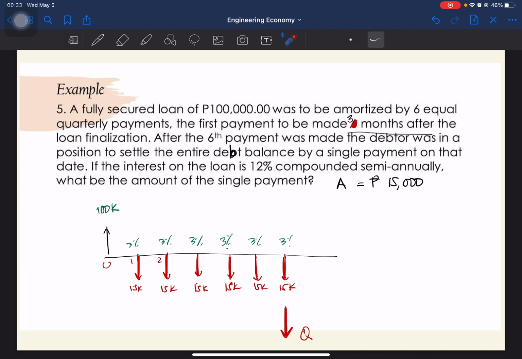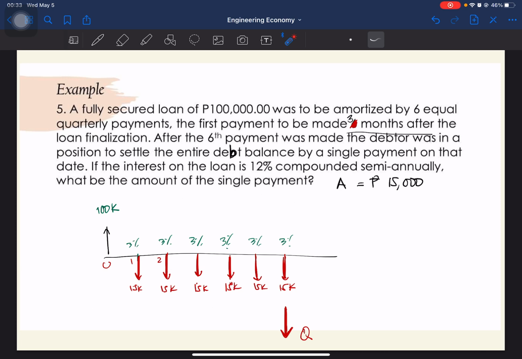Kasi dapat, yung nominal interest rate mo is 12% compounded quarterly. Okay? Why quarterly? Kasi your payments are every quarter. Okay? Tandaan mo yung sinabi ko kanina na if the payments are every quarter, then the nominal interest rate must be expressed also every quarter. If not, you have to convert the given nominal interest rate into a compatible one.